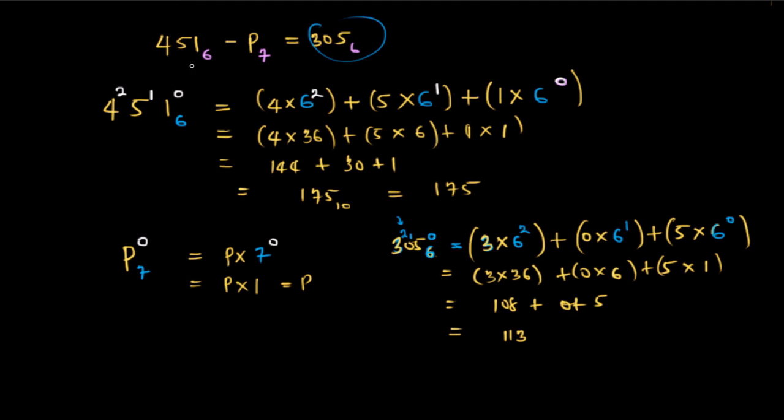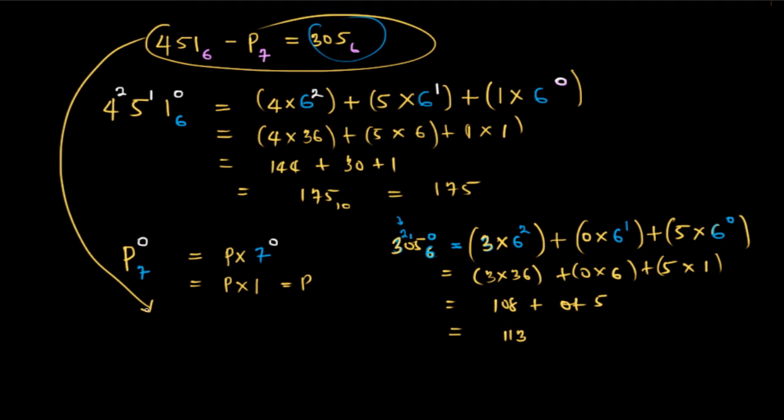In other words, I can rewrite this now: 451 to the base 6, we obtained as 175. So I have 175 minus p, where p to the base 7 we obtained as p, equals 305 to the base 6, which has been obtained as 113.